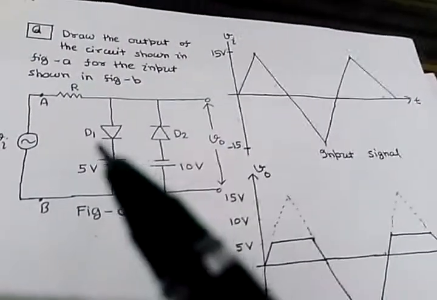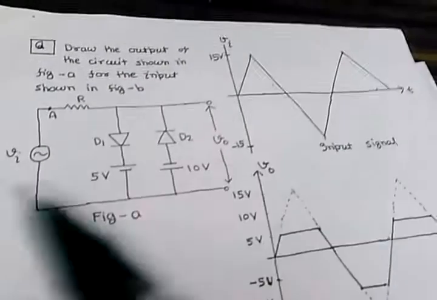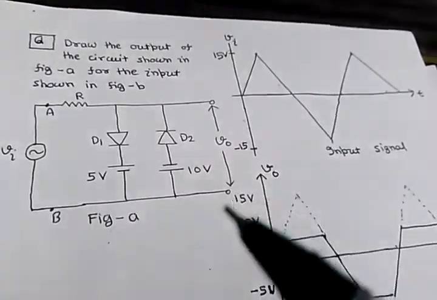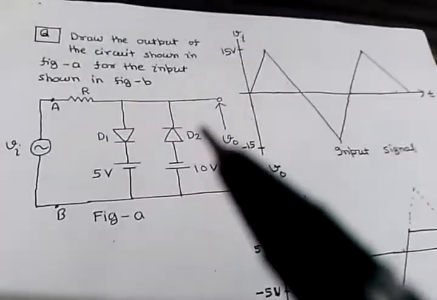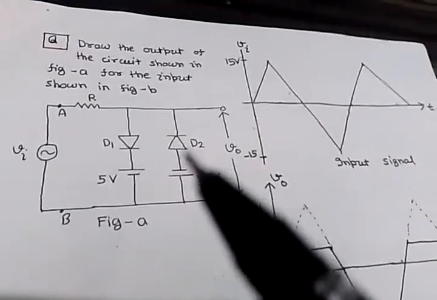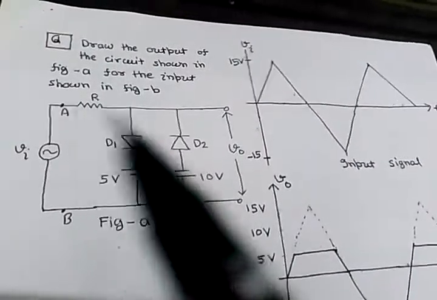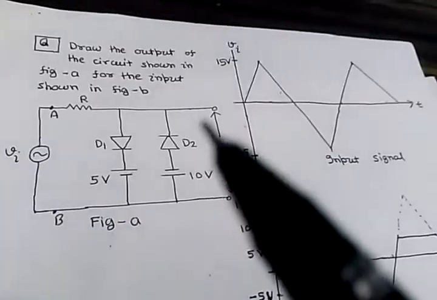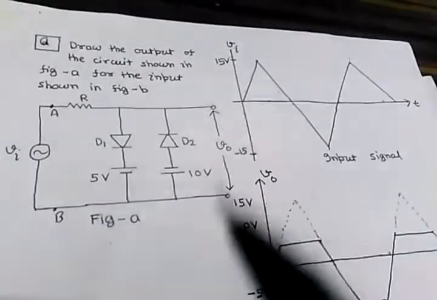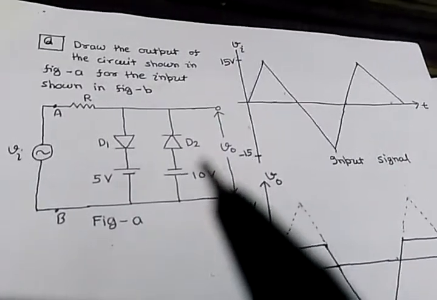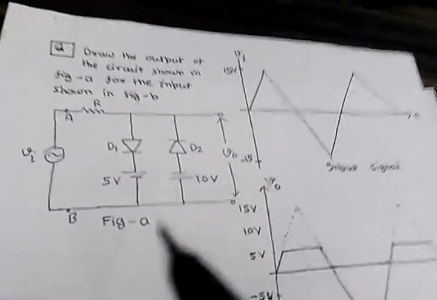When these two diodes are open circuit, the input Vi will be connected to output through the resistance R, but the circuit will not complete due to the open circuit of D1 and D2. So no current will flow through resistance R, and the voltage across resistance R will be 0. It means the output will follow the input signal for input signal less than 5 volt in the positive half cycle.